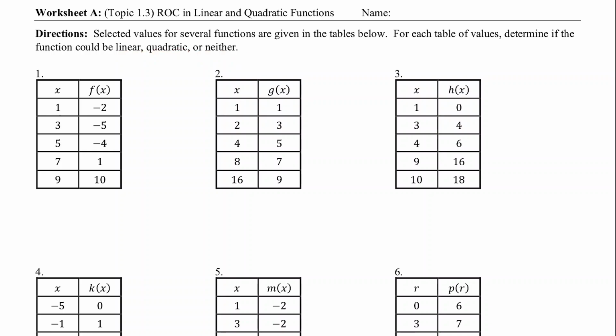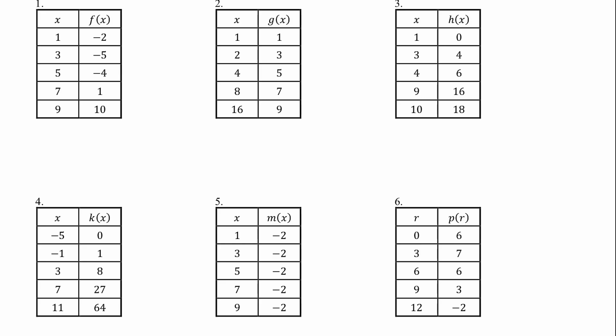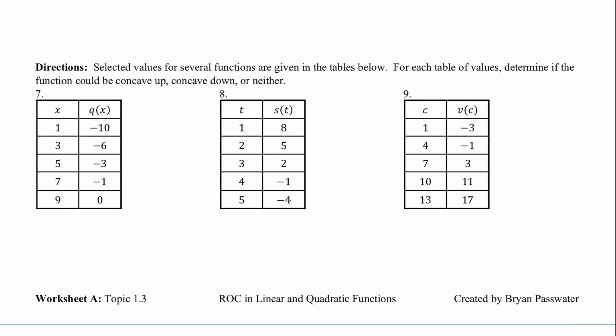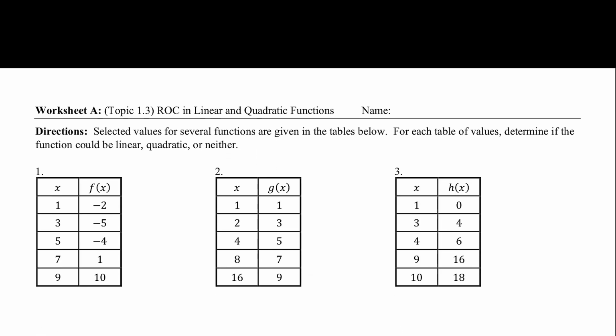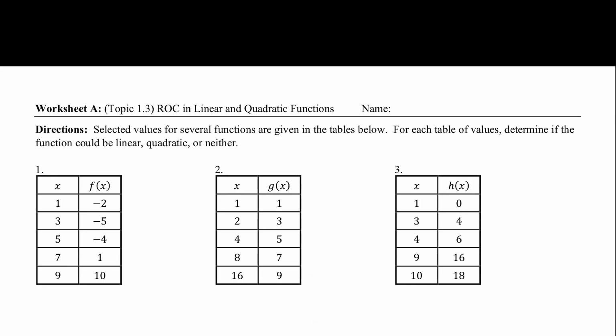That's 1 through 6. And then for the bottom, 7, 8, and 9, you're going to see are they concave up, are they concave down, is it neither. I don't think there's one of each. I think 2 of them are actually neither, just so you know. You don't get freaked out that you don't have one of them. Top 6 are all kind of mixed.